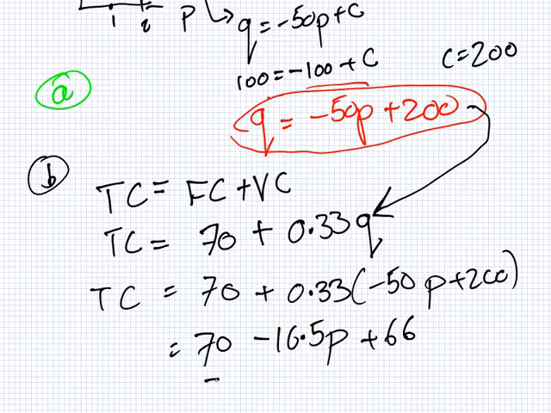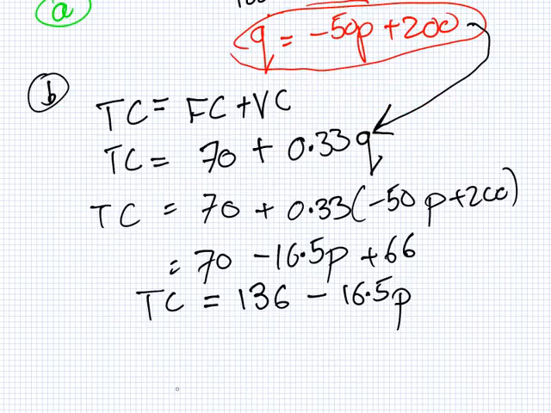So total cost is 136 minus 16.5p. P for price. Okay, so we're okay with that. Okay, part C is I want the total revenue.